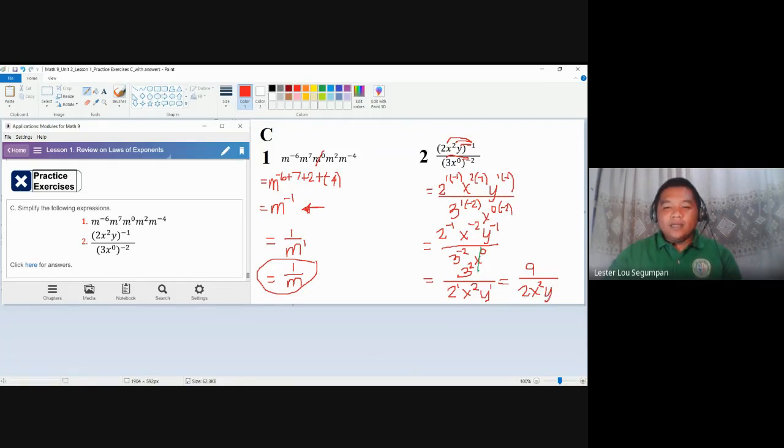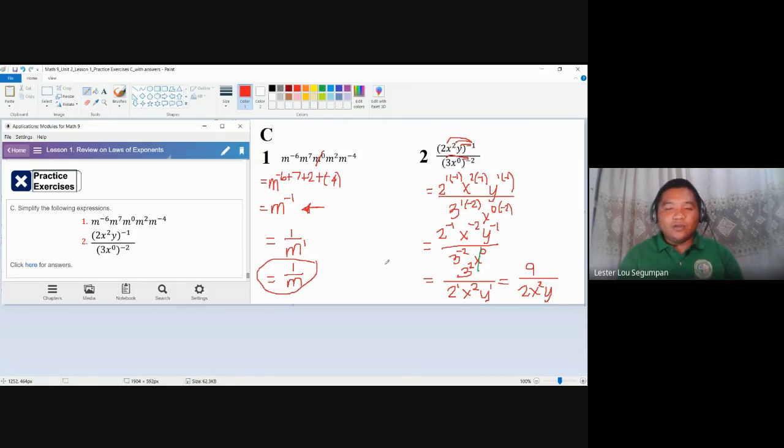As you can see, the numerator contains the integer 9, and the denominator contains the integer 2. So no need for it to become 4.5. As part of our discussions during your grade 7 years, if the answer is in fractional form, in this case 9 over 2, stay as it is.